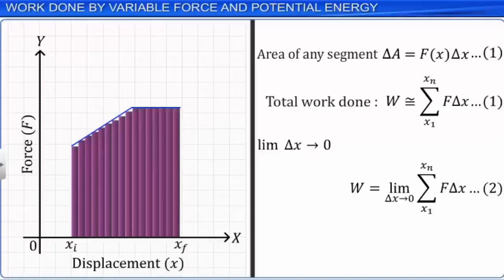Let this be equation 2. Hence, the work done for a varying force can be expressed in integral form, as W is equal to integral F dx in the limits x1 to xn. Let this be equation 3.